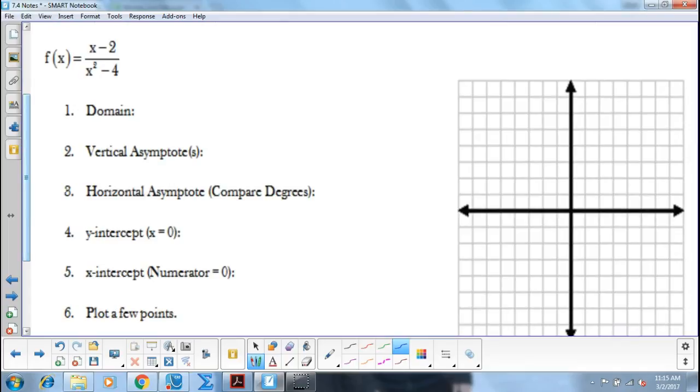Step 0 is important because we do it before we even start. What was step 0? Simplify the rational function. So can I factor anything out of the numerator of this particular rational function? No, it's going to stay x minus 2. Does the bottom of this rational function factor?